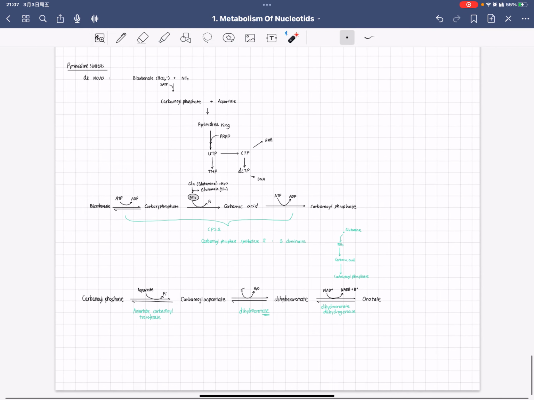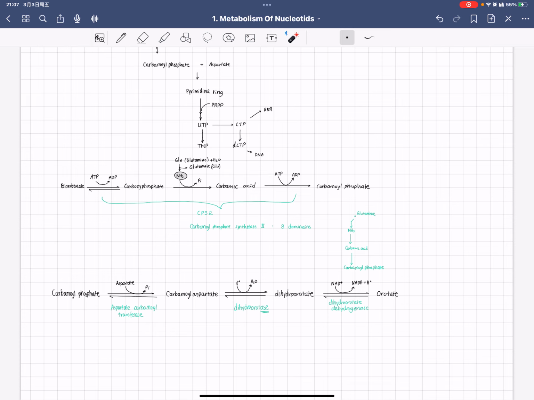Now, let's talk about something even more interesting. You think CPS2 is one enzyme, and these are some other enzymes, right? Well, all these steps are on the same polypeptide chain.